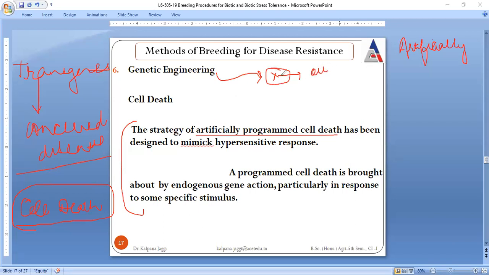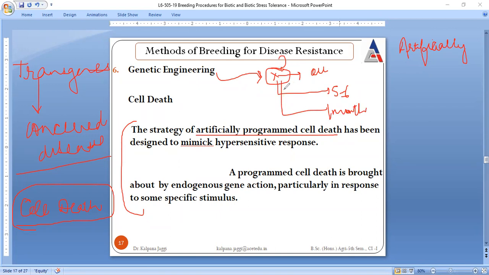Otherwise the disease may grow slowly and take 5 to 6 years to kill, but we will program the cell so it dies in 1 month, and along with the death of the host there will be the death of the microorganism that is resulting in the disease.